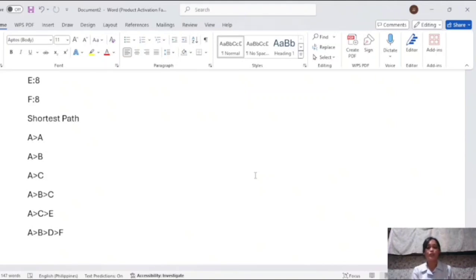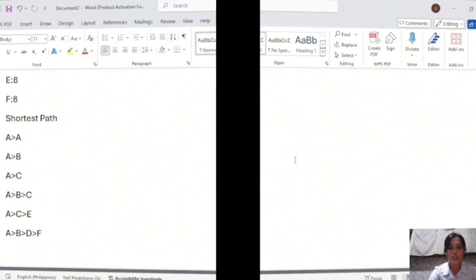So that's all for the maximum flow and the shortest path problem. Thank you.